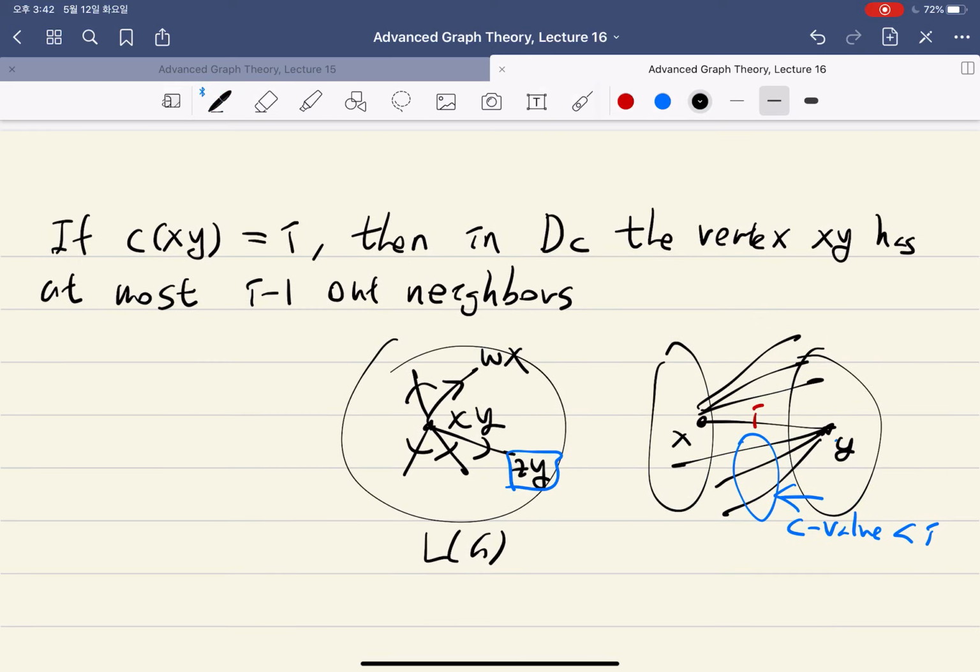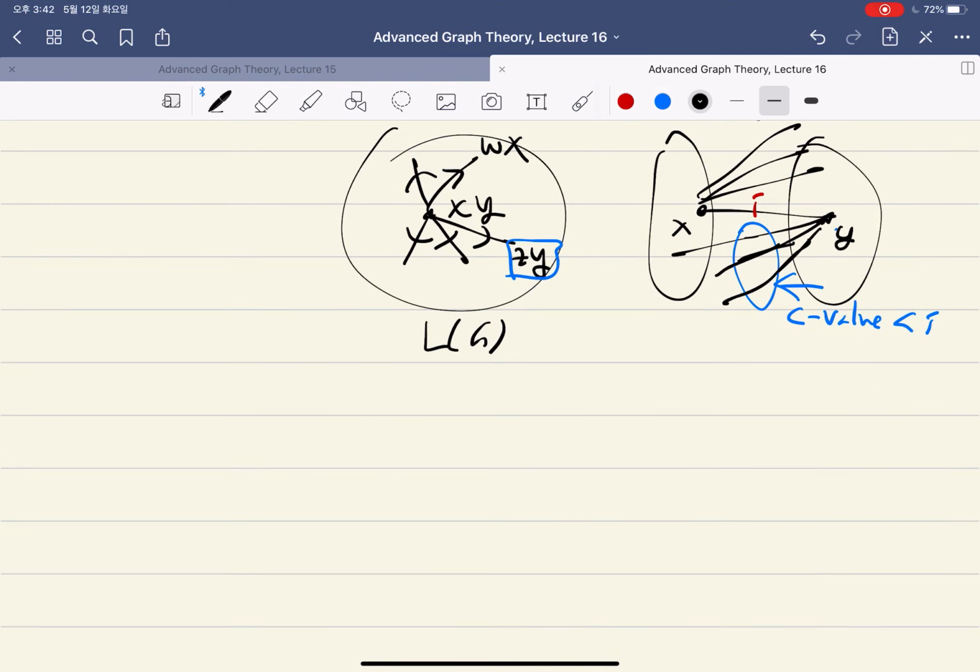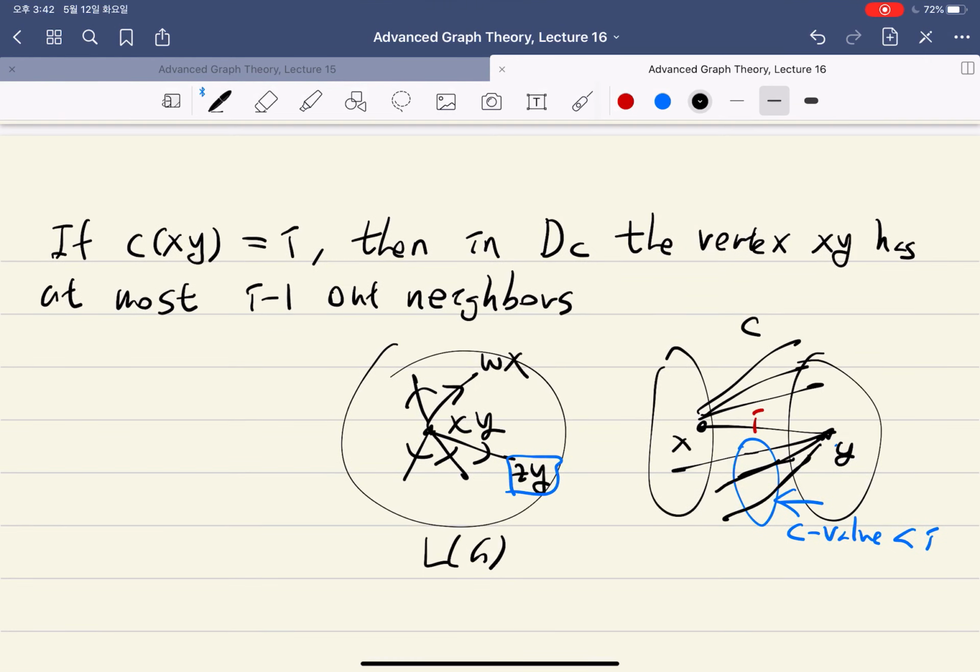So it has at most I minus 1 out neighbors, because this C is a proper edge coloring. All the C values here are different, and there are I minus 1 distinct numbers smaller than I. So this many out neighbors share the endpoint Y.